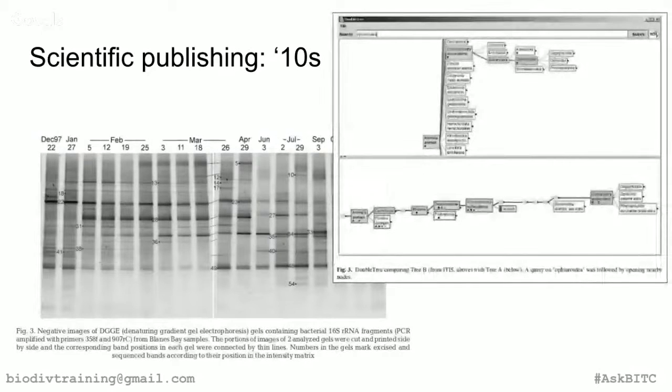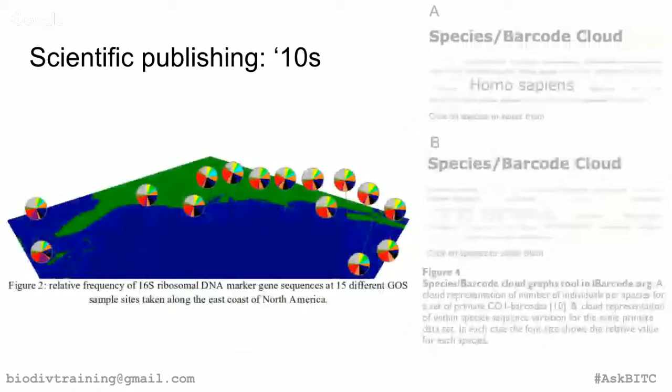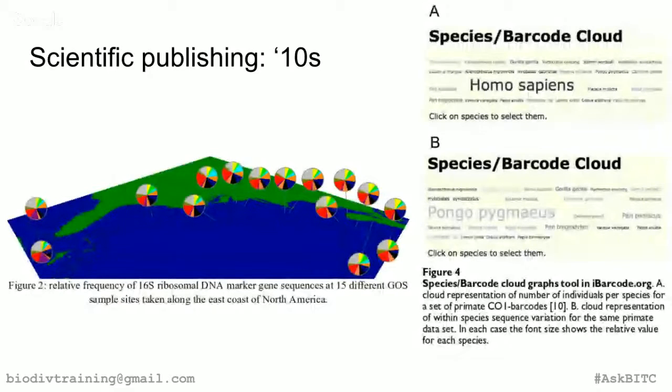Taxonomic and molecular papers were also significantly improved with the development of modern technologies and with the creation of specific software packages. We'll talk about this in a minute. And again, more complex and/or larger analyses were being carried out.